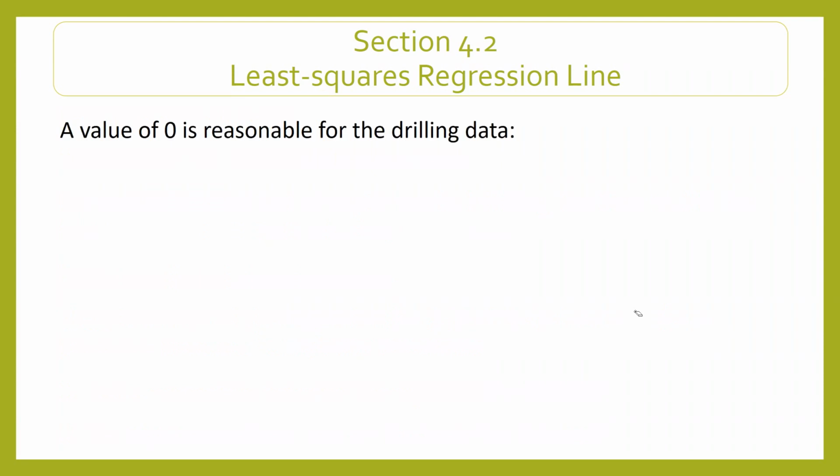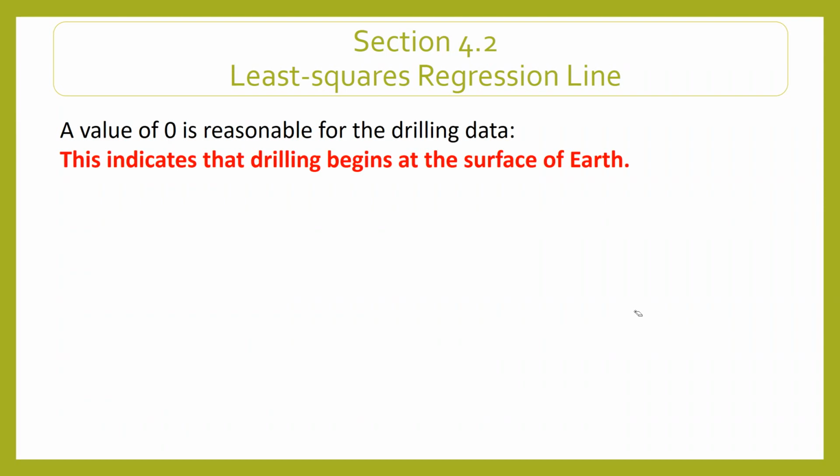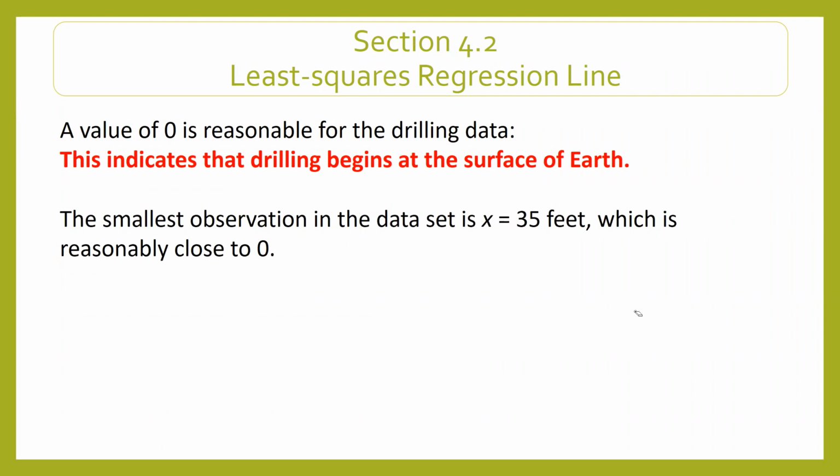First, a value of 0 is reasonable for the drilling data. Why? The drilling can start on the surface of the earth. That will make it to be 0. The smallest observation in the data set, if you observe the table, is 35 feet. So it's reasonably close to 0.